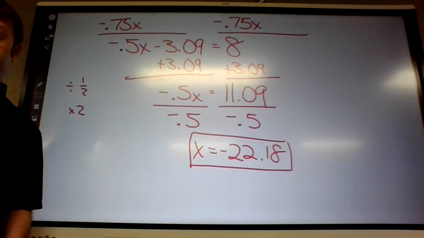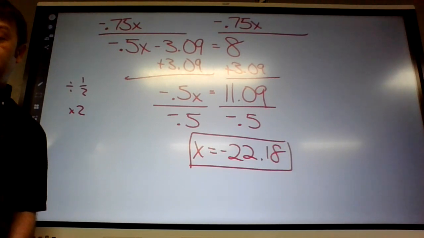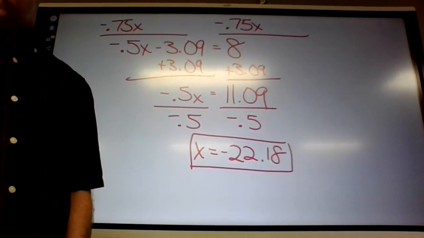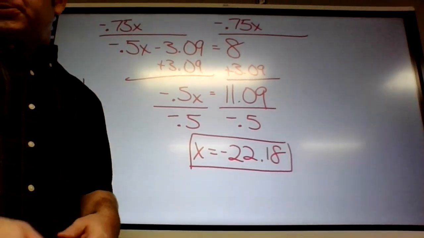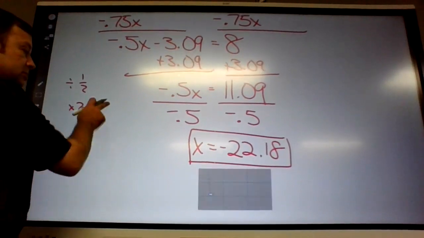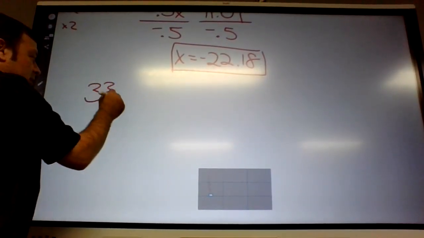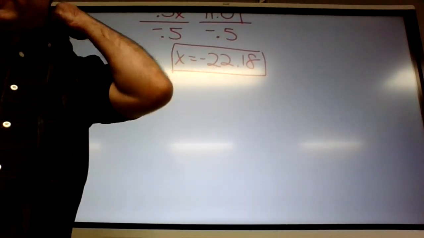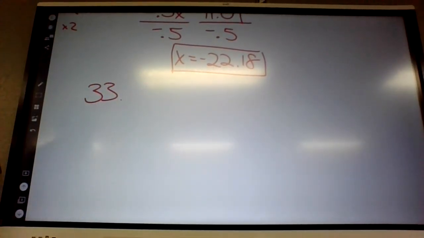Okay, 33, yes, that's right. So these will make kind of small equations down here. We just gotta write the equation and solve. 3 subtracted from twice a number.